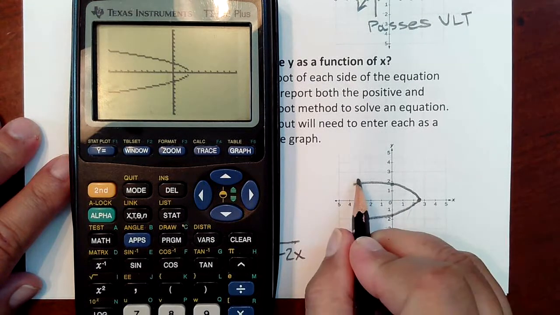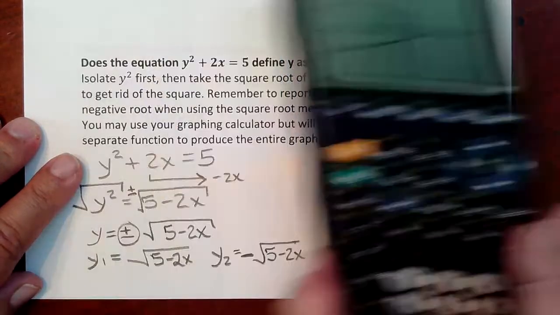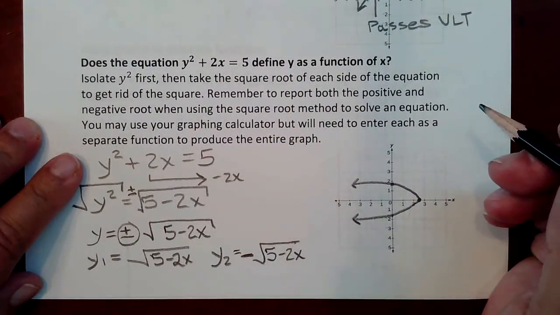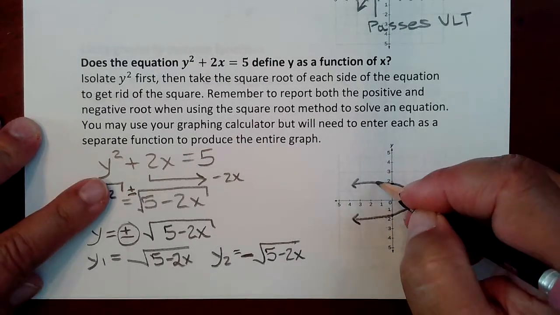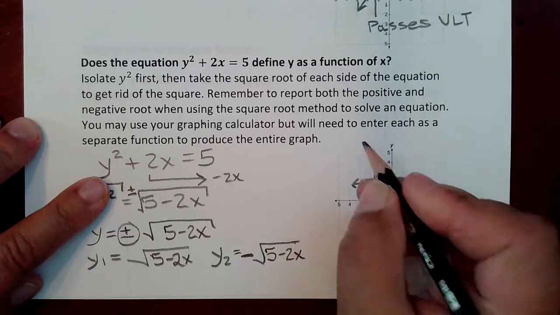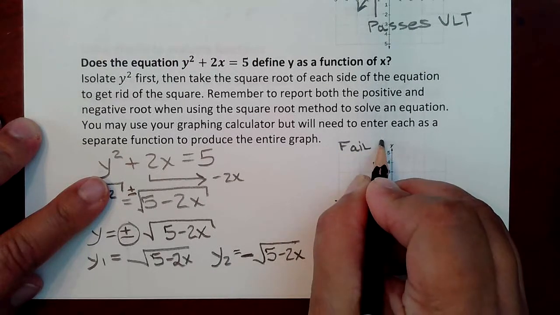Because you just want to answer the question, does this graph represent a function? And you can see based on the examples that we've gone over thus far that this does not represent a function. And that's because when you do the vertical line test, it fails the vertical line test.